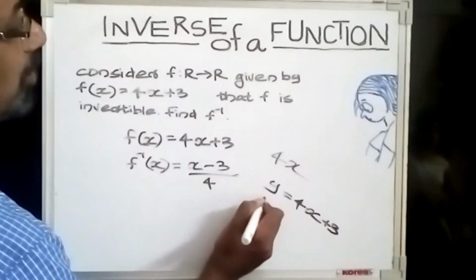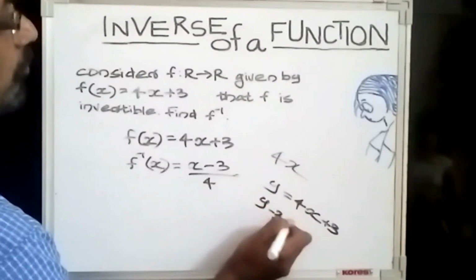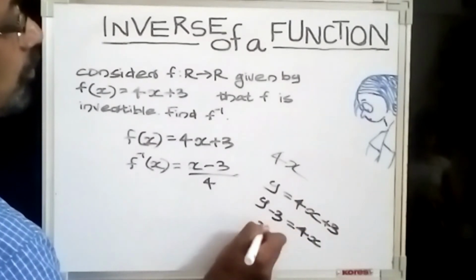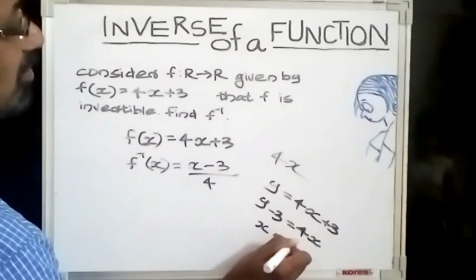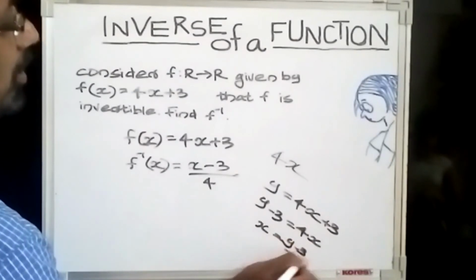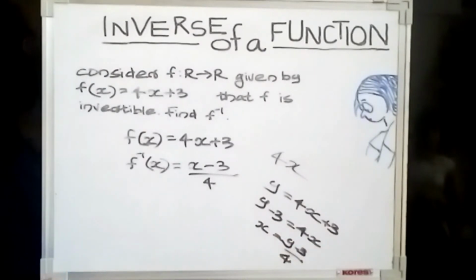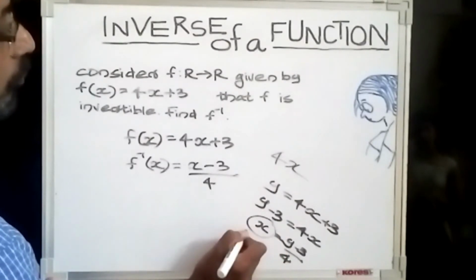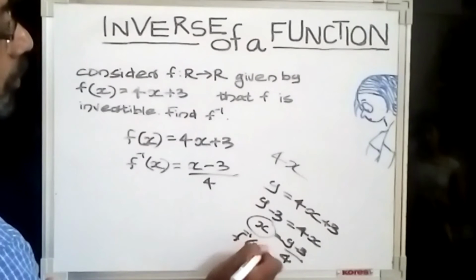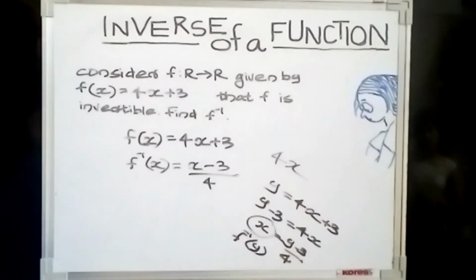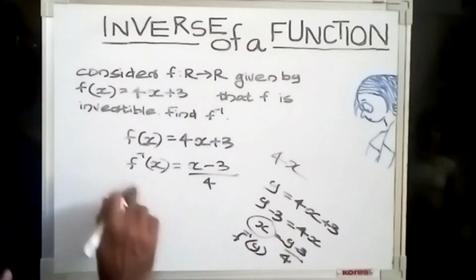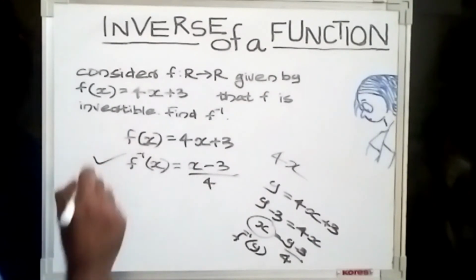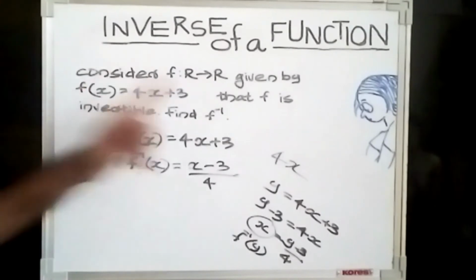Then y minus 3 equal to 4x, or x equal to y minus 3 divided by 4. It is the inverse of y. F inverse of y equal to y minus 3 divided by 4, or f inverse of x equal to x minus 3 divided by 4 is the inverse of f of x equal to 4x plus 3.